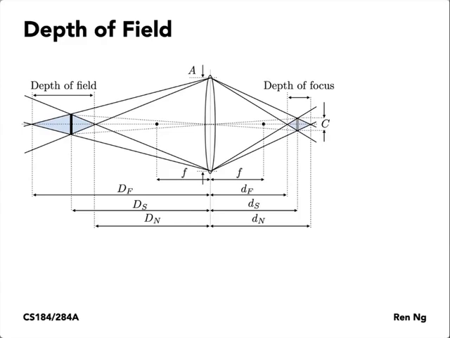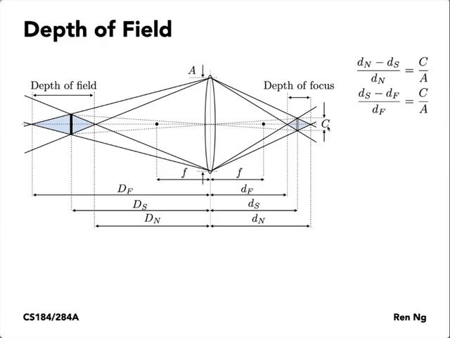And capital N, because it's the near plane. So F, S, and N. This is the far point, the near point, and the sensor depth inside this geometric diagram, and the corresponding distances inside the camera.